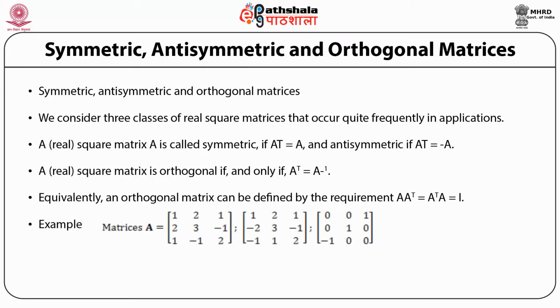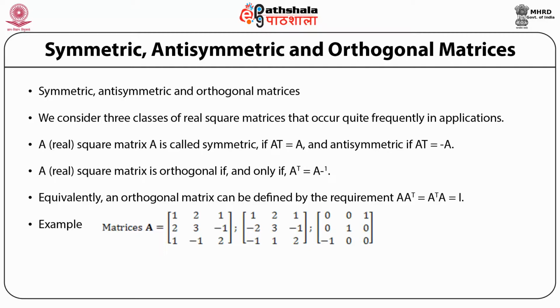Considering an example, consider the matrix A of the form 3 cross 3, with the first row being 1, 2, 1, second row being 2, 3, minus 1, and the third row being 1, minus 1, and 2. We can see the matrix is a symmetric matrix as the transpose of this matrix is equal to the matrix itself.